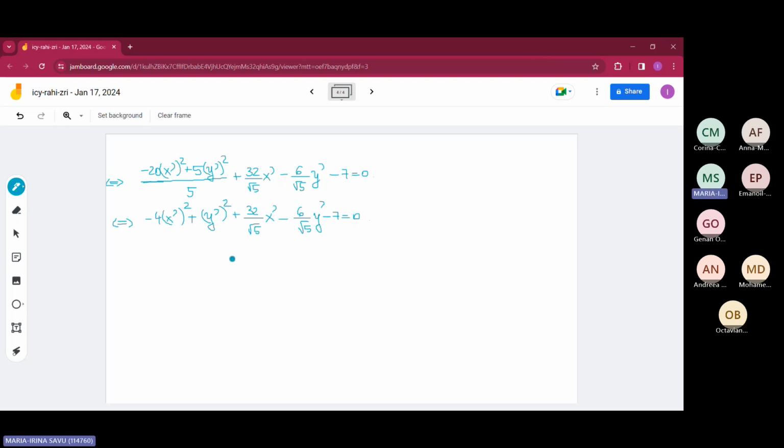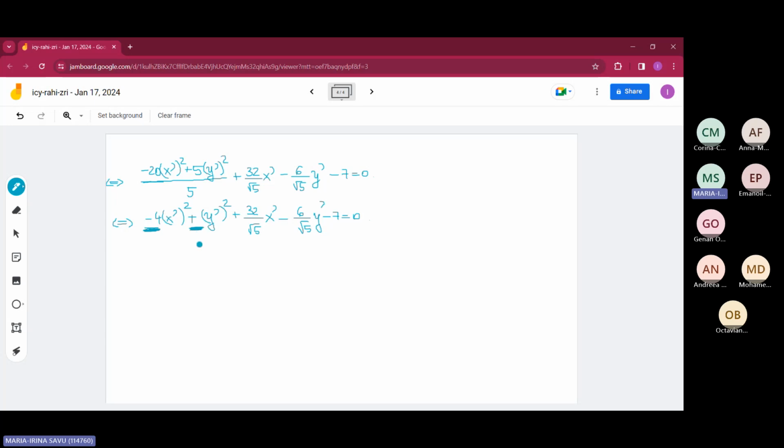Can you tell me what type of conic we will end up with? A hyperbola. Exactly. Because we don't have an xy term, we can tell that we have a hyperbola, since there is a coefficient which has a minus, and here is something with a plus. So if you have a difference of squares, it means that you have a hyperbola.